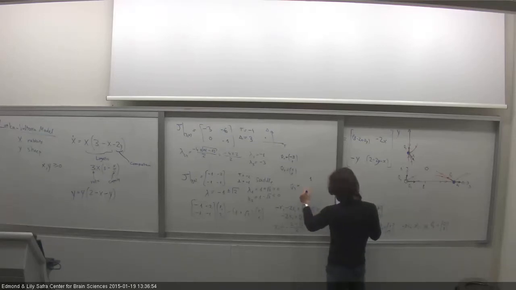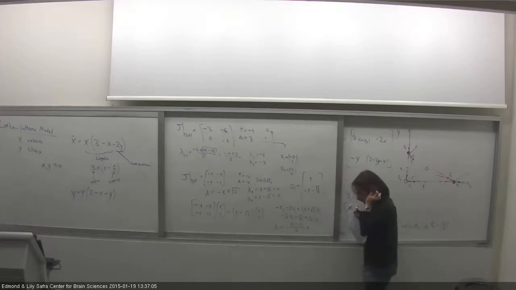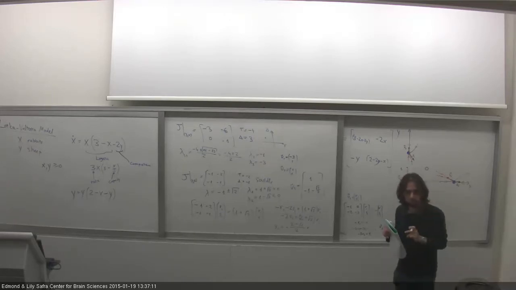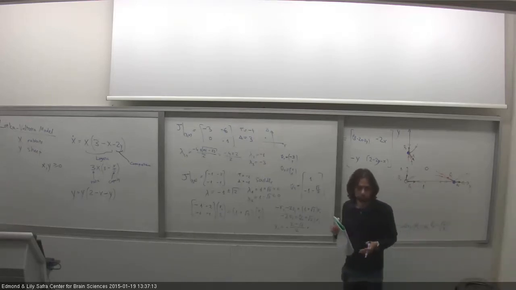And here I would have minus 1 minus square root of 2 over 2. So you can leave it at this, okay? Some people don't like to have an irrational number in the denominator. But you can write 1 over square root of 2 if you want.